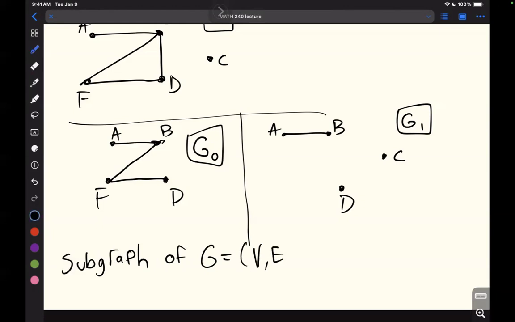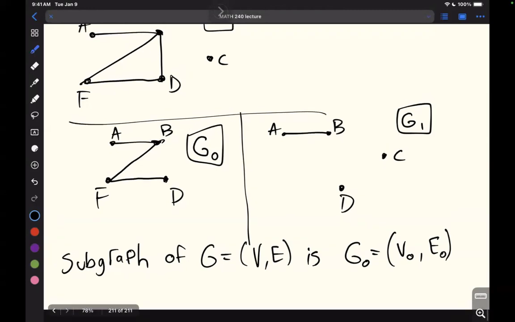So a subgraph of G equals (V, E) is any graph, I'll denote it G naught here. Similarly, to avoid confusion about our original sets, our original groups of vertices and edges, we need to say that these are the vertices I'm including in this set, and these are the edges that I'm including. And then we have the restriction where the vertex set that we've chosen has to be a subset of our original vertex set.